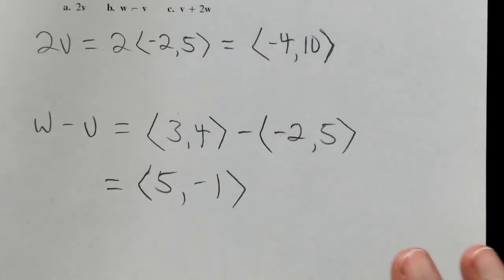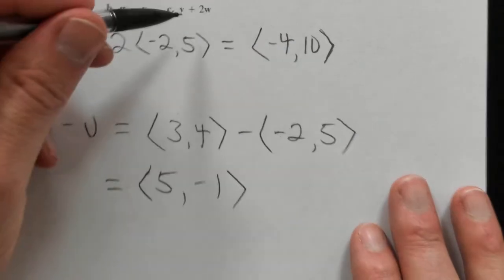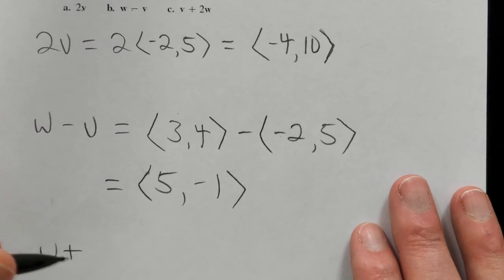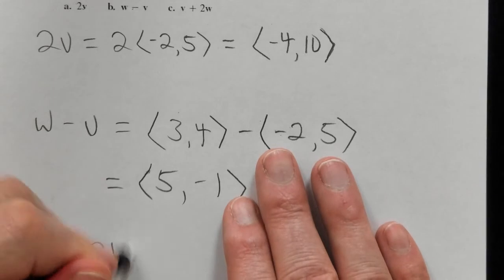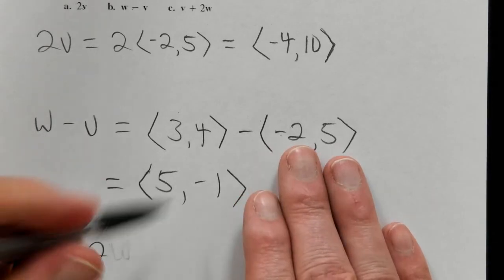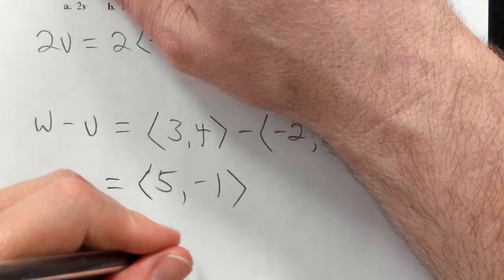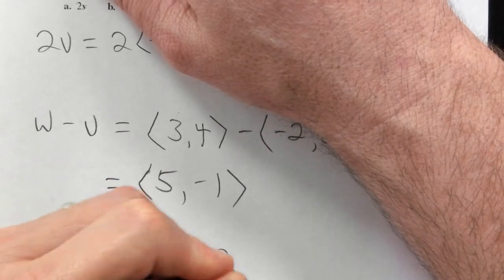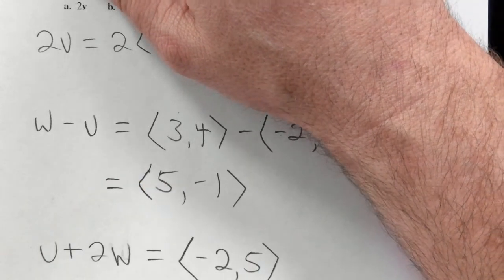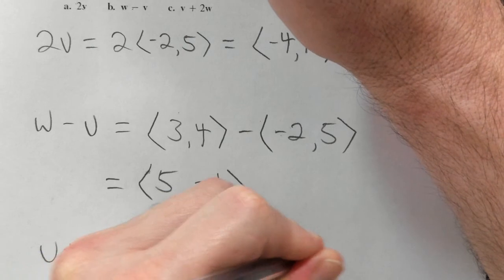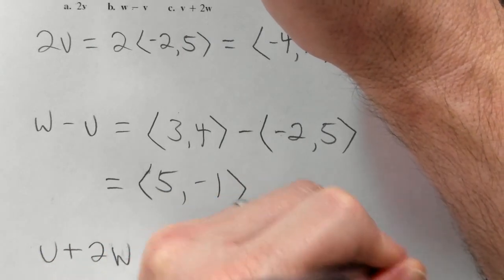One more type of problem they asked me to do is V plus 2W. That's going to be the component -2, 5 plus 2 times the component 3, 4.